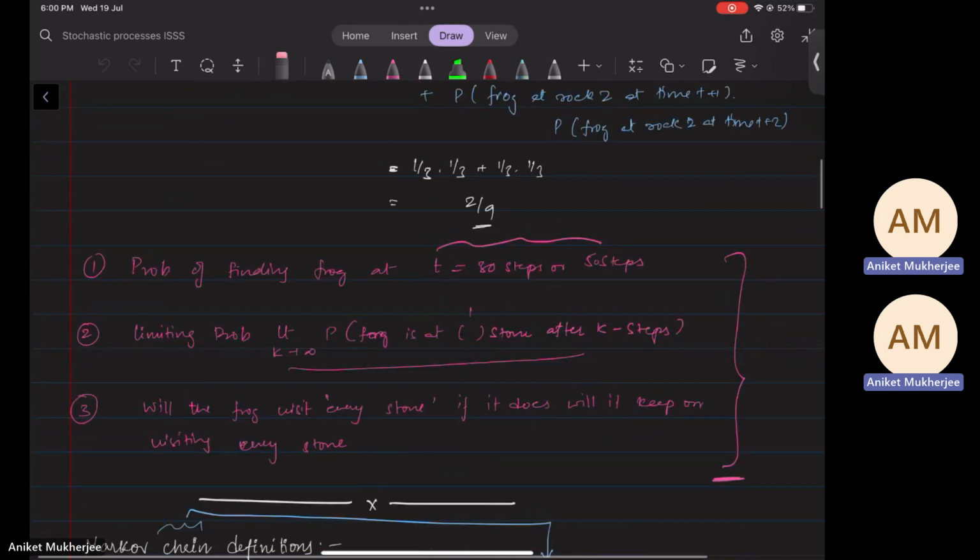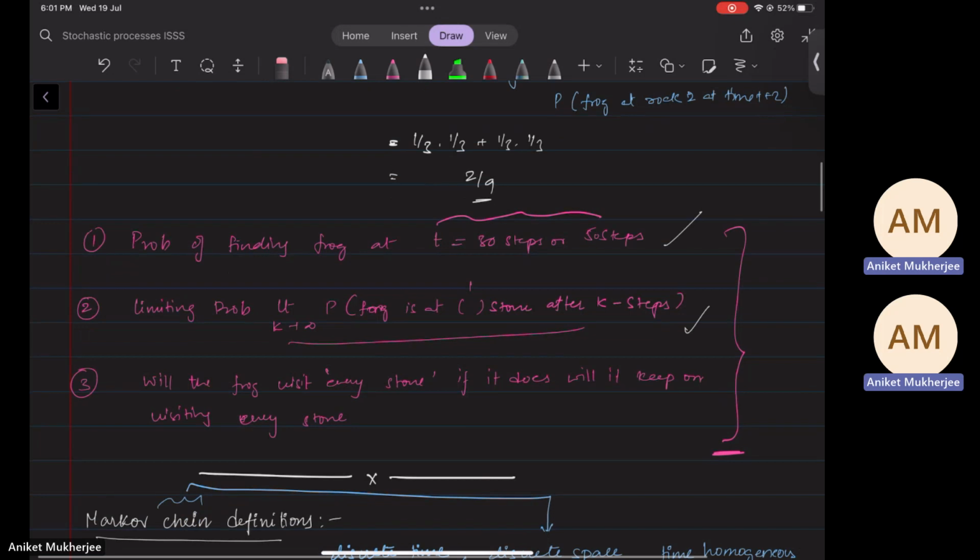What we are interested in with a Markov chain is these three things: what is the state of the system, and with what probability you'll find the system in this state after some n steps, 30 to 50 or 100 steps. Then, what are the limiting probabilities?